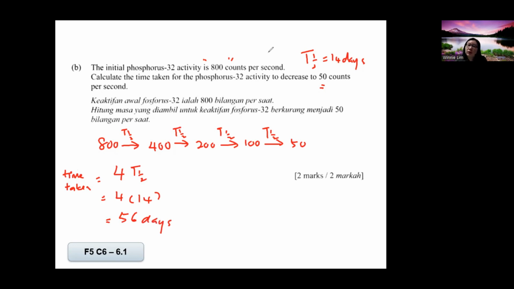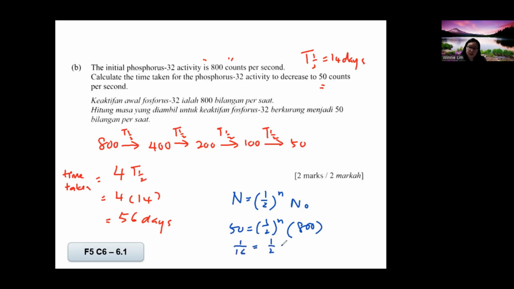Or you can use the formula way, which is N equals half to the power n times N naught. You all need to know what this is about. N naught is the initial counts. N is after decay. So this is 50, half n, 800. You rearrange: 50 divided by 800 is basically 1/16.